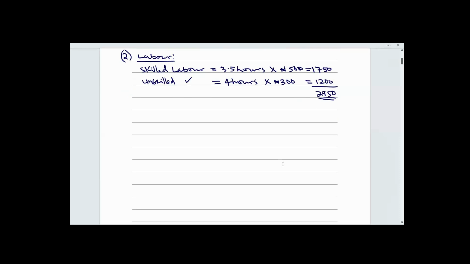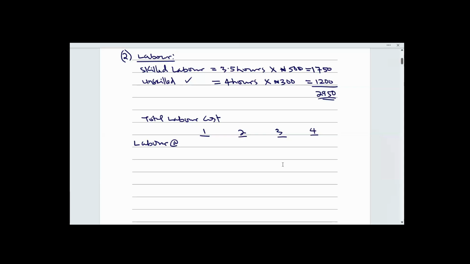So I will then calculate total labor cost for year 1, year 2, year 3, and then year 4. So labor costs, I will go to the question. What's the inflation rate for labor costs?